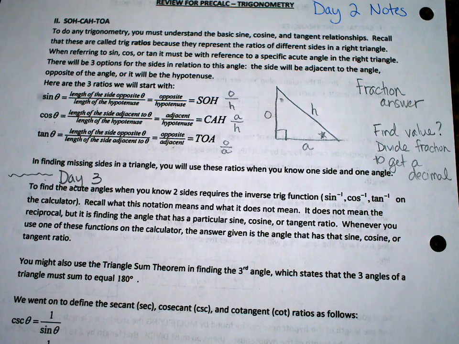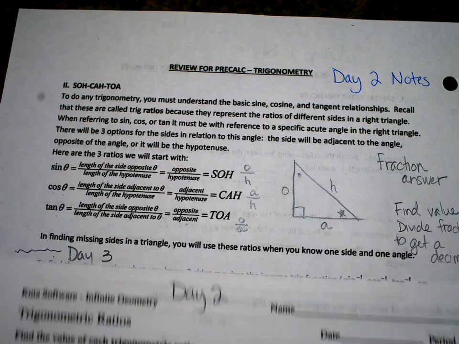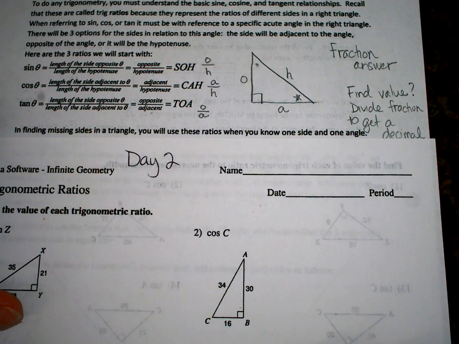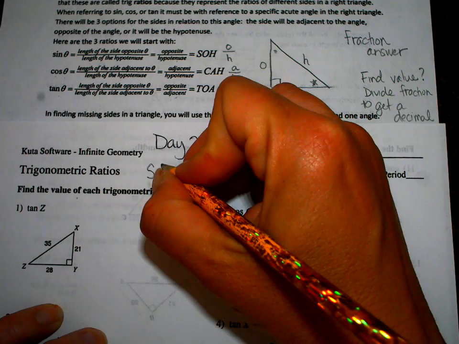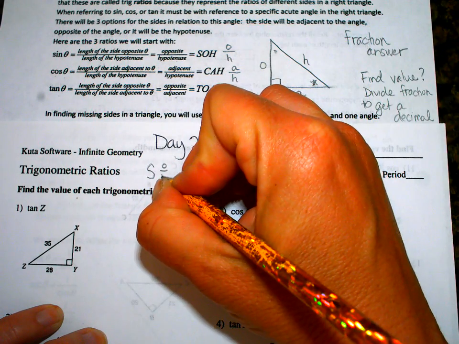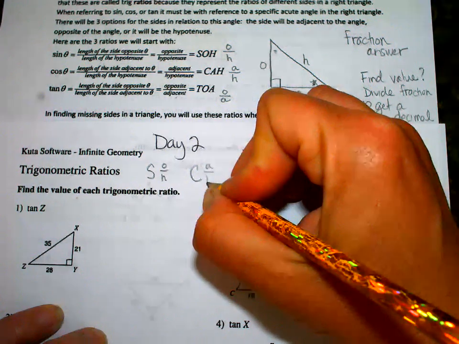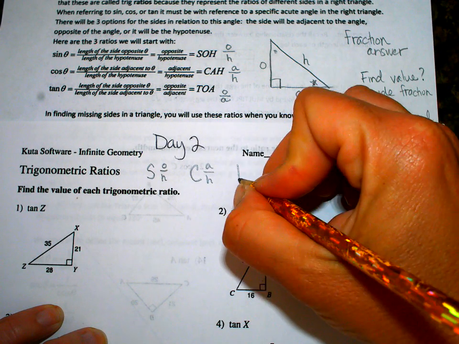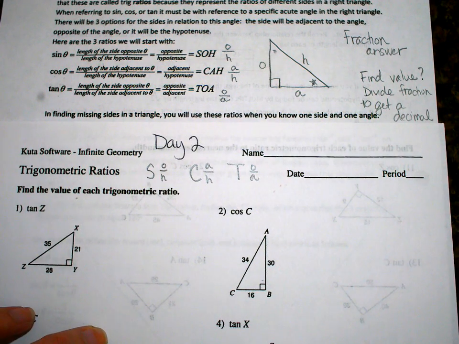Okay? So this was your homework, right? Let's do that. Okay. Honestly, best idea, sine, opposite over hypotenuse. Cosine, adjacent over hypotenuse. Tangent, opposite over adjacent. Write it at the top of the paper.